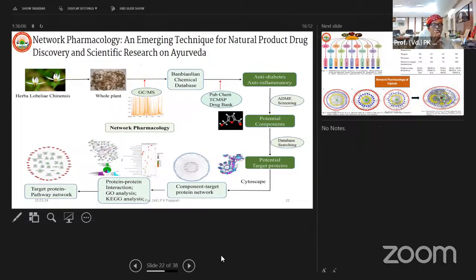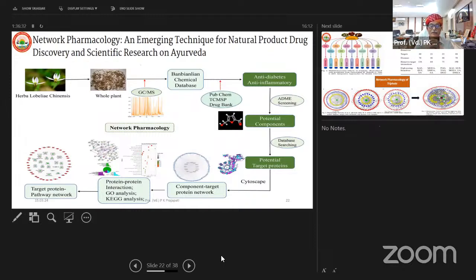Because the whole plant is not required, we require just some solution, and by GCMS we can match the chemical structure against a chemical database, and we find which type of compound it is and which type of activity is seen in this particular form.